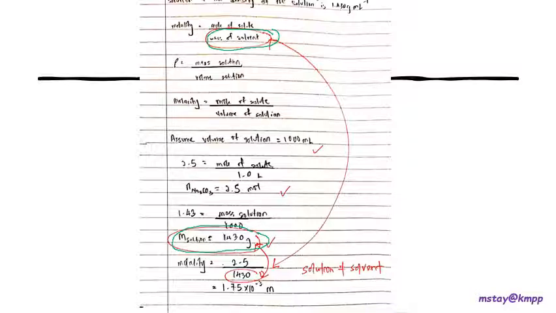This student substituted mass of solution as mass of solvent, and again this student did not change the unit, so the final answer is not correct. Again, differentiating among solute, solvent and solution is important, and also the unit.